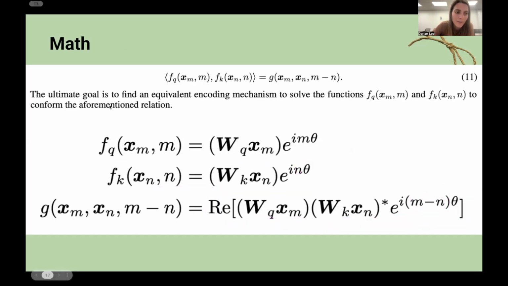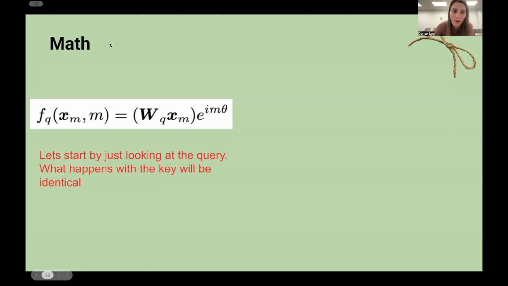Okay, so going now to our little overview of some imaginary numbers and rotation stuff. Let's talk about what this e to the power of i m theta means.